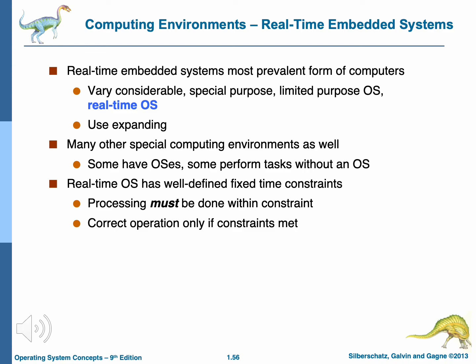The computer must analyze the data and possibly adjust controls to modify the sensor inputs. Systems that control scientific experiments, medical imaging systems, industrial control systems, and certain display systems are real-time systems. Some automobile engine fuel injection systems, home appliance controllers, and weapon systems are also real-time systems.